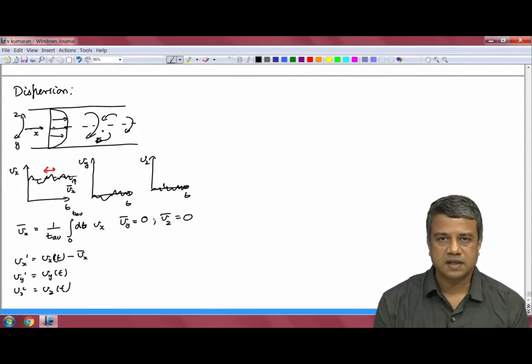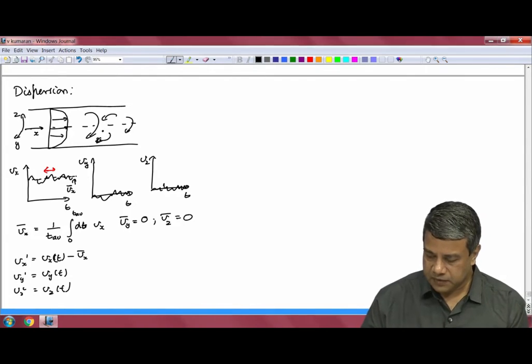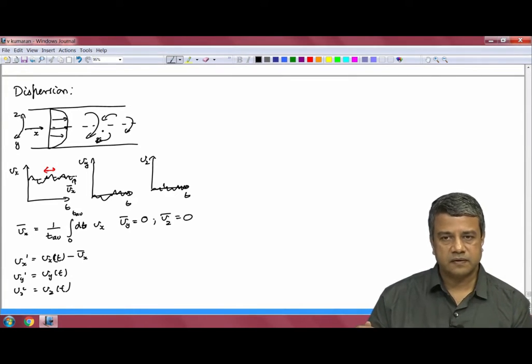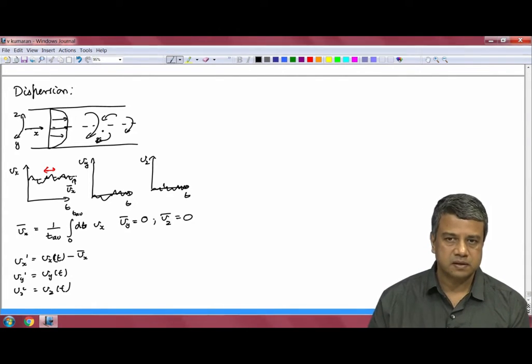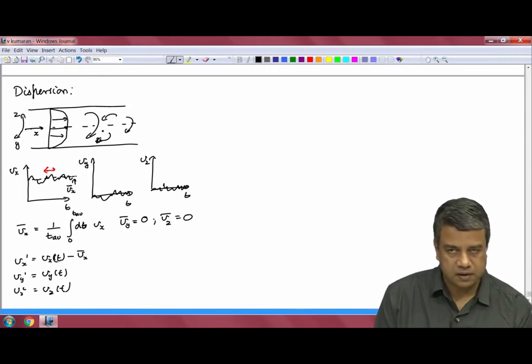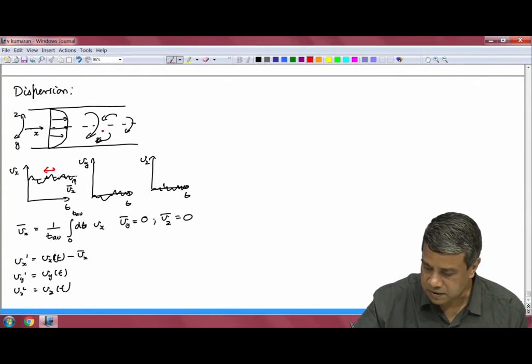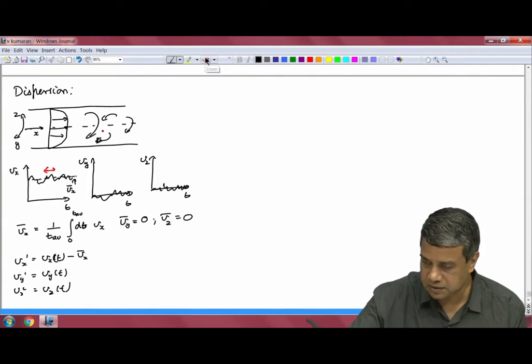So, let us examine that in a little more detail. Now, if I had, for example, variations in temperature or variations in concentration between the wall temperature and the average fluid temperature, then these fluctuations will also cause fluctuations in the temperature field or the concentration field at that location.